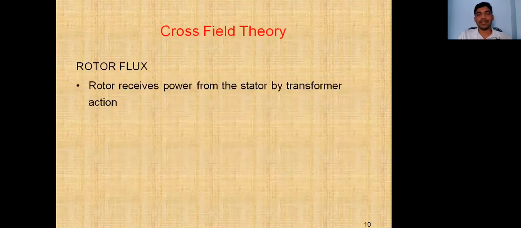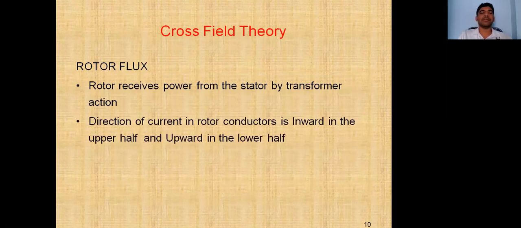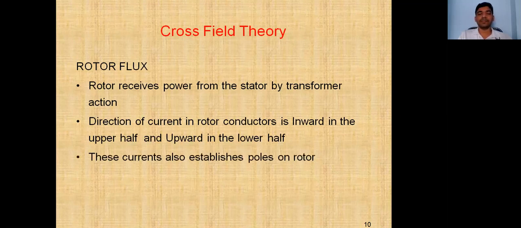Now the rotor flux. The rotor receives power from the stator by transformer action. The direction of current in the rotor conductors is inward in the upper half and upward in the lower half. These currents also establish poles on the rotor.